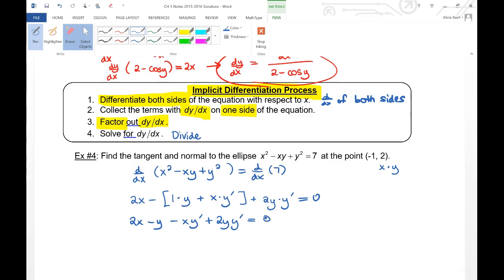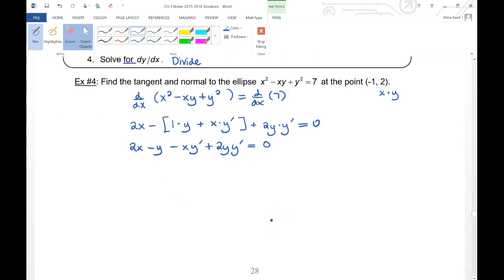I'm going to leave these two here since they're already on this side. How about we move the terms with the y prime to the other side? You could do it the other way around. It doesn't matter. You'll get the same answer. Sometimes it'll look a little different if your signs are switched. But I'm going to leave 2x minus y, and then I have xy prime minus 2y y prime.